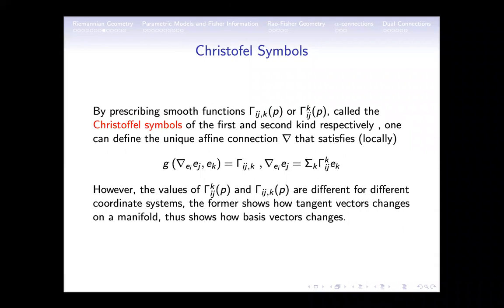As I said, sometimes we locally define these connections using the Christoffel symbols of the first kind and second kind, which are defined by these equations. If you're given these Christoffel symbols, we can find the connection nabla by this. One more thing here is the use of the Einstein summation convention.